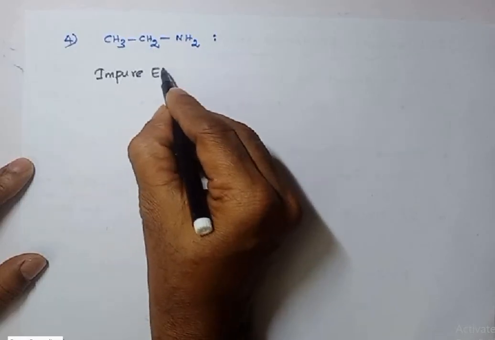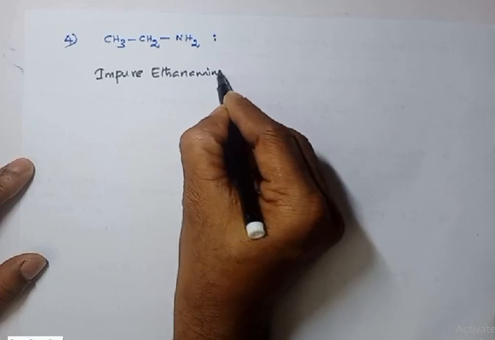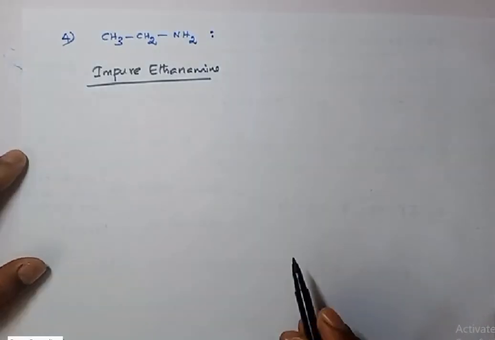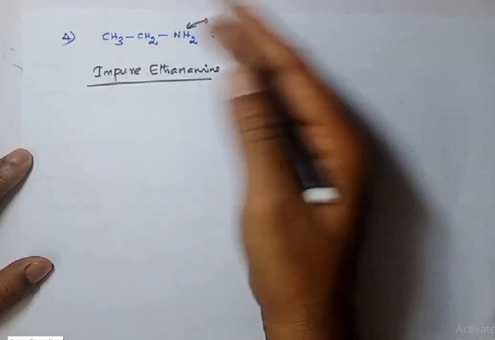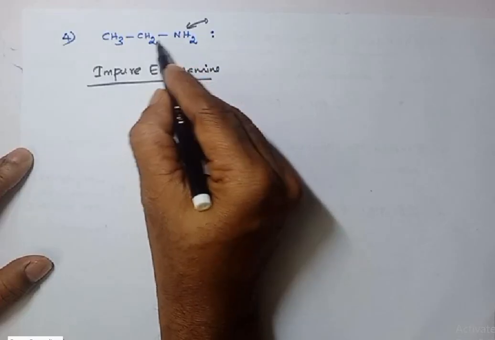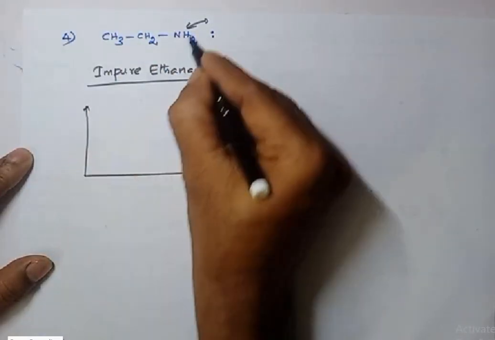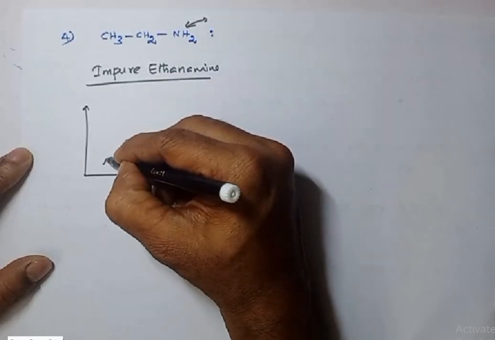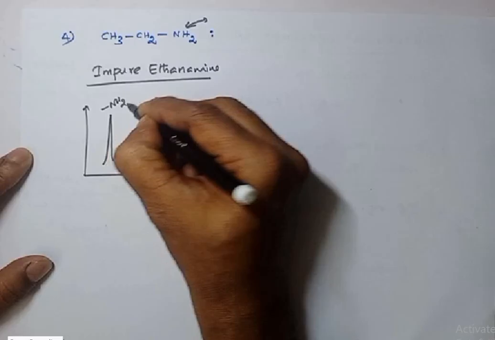See, if you take impure amine, this is called ethanamine, ethylamine or ethanamine. In impure ethanamine, this hydrogen is involved in fast exchange. Therefore, there is no coupling between these two. So how will the spectrum look? Listen. This NH2 proton appears as a singlet downfield.